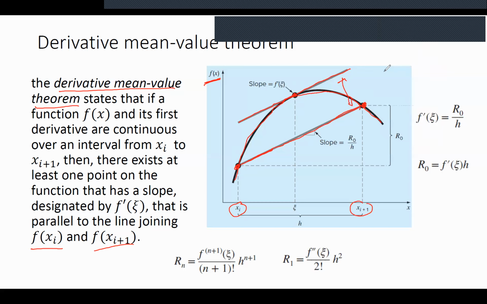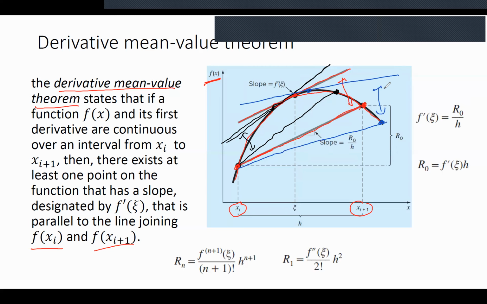Okay, so if we take, for example, another point here, then there should be a point here whose slope is parallel to this one. Or if we take a point right here and draw a line, then there should be a point here whose slope is parallel to this one. That is what the derivative mean value theorem states.